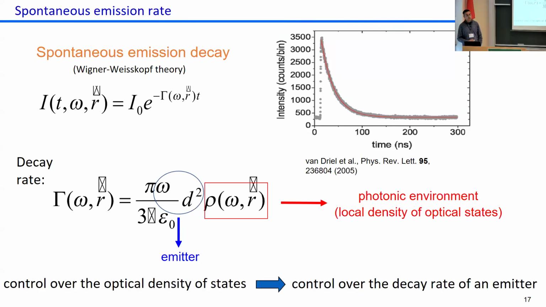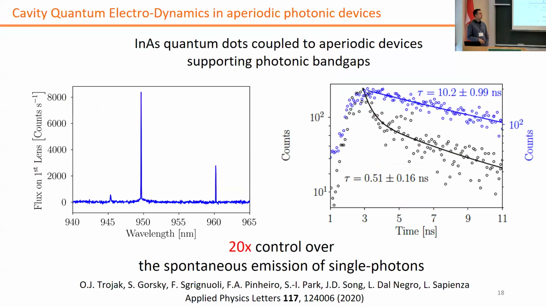And what we want to do is control this optical density of states by utilizing the band gap, which can be created by our photonic crystals, to then control the decay rate of our emitter. And this is what we are showing here.